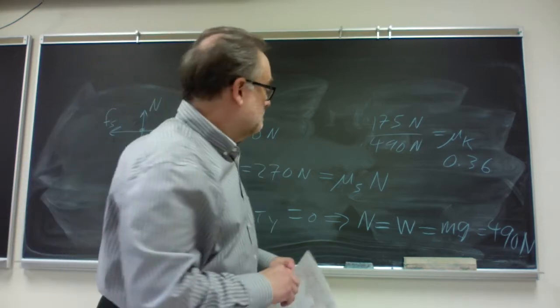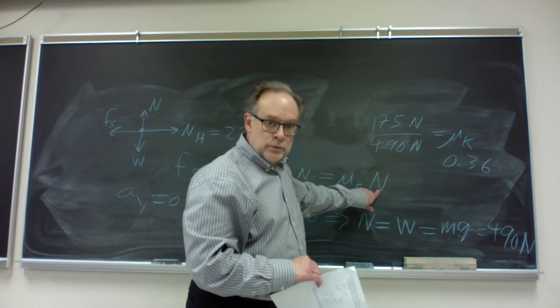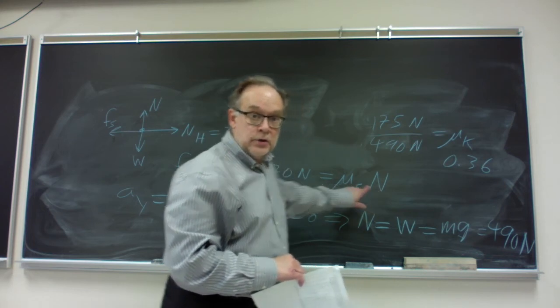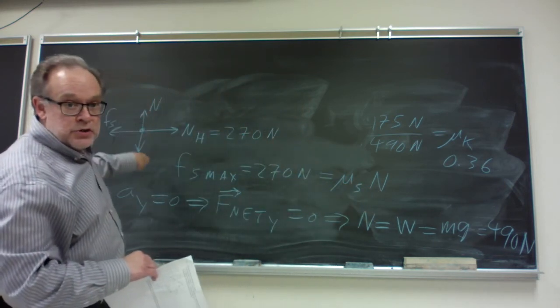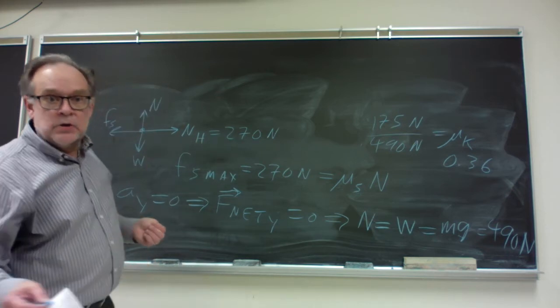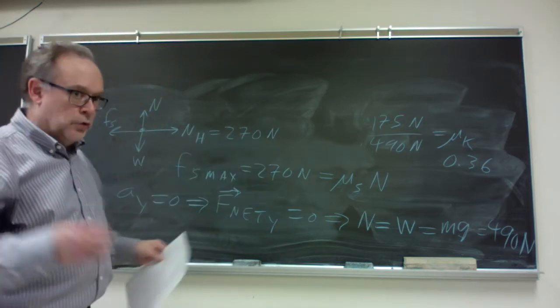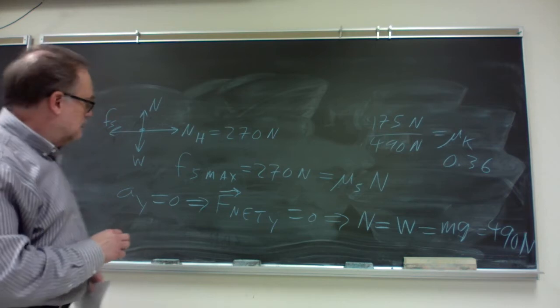So the normal force is equal to 490 newtons because we know these two forces must be equally strong since there is no net force along the vertical dimension. The vertical component of net force is 0.